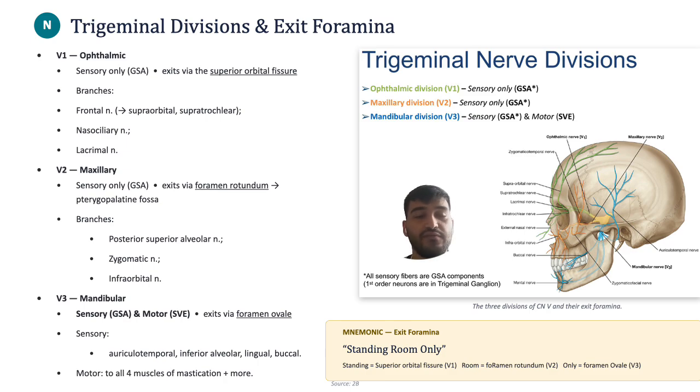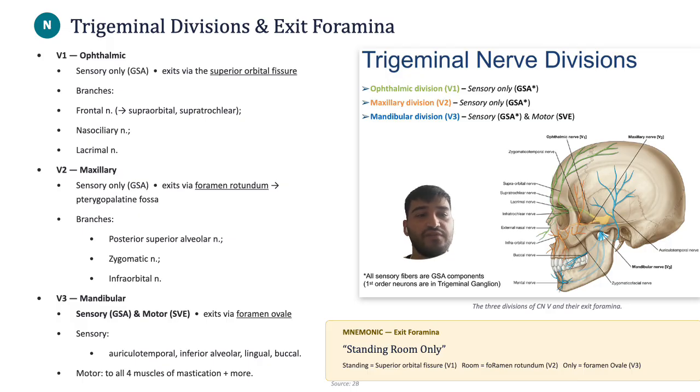So far we've had the V1 ophthalmic with NFL, so frontal, nasociliary, lacrimal, with frontal giving the supraorbital, supratrochlear, and that's basically it. There's other branching, but I don't think we have to worry about that yet. But that was for V1.